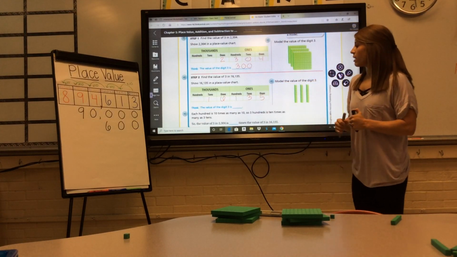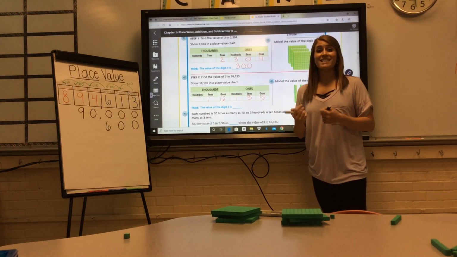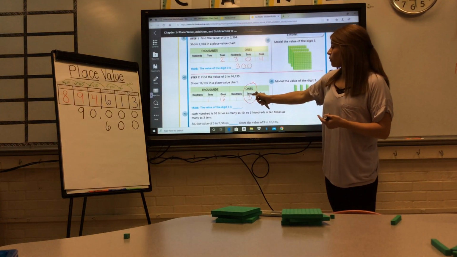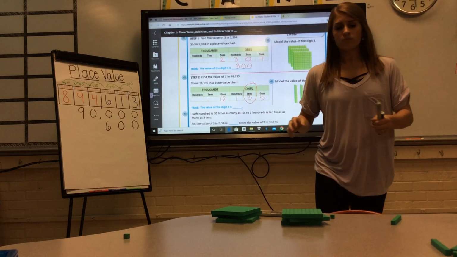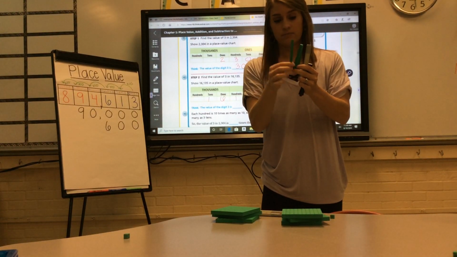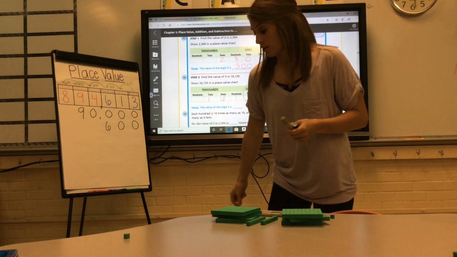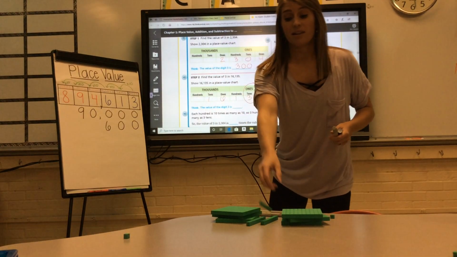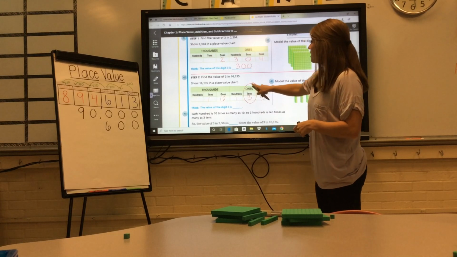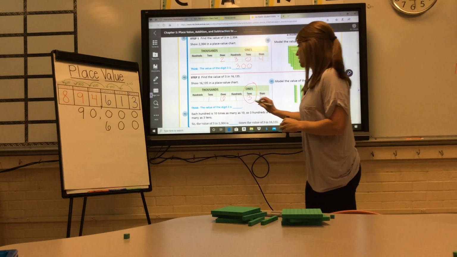What place value is my 3 in this number? Right, it's in the tens place, right here. So if I have 3 tens, what is the value of 3 tens? 10, 20, 30. Very good. And y'all will know I drop things a lot in class, so you'll probably see that a lot. So we've got 3 tens, and like we just counted there, it's worth 30.